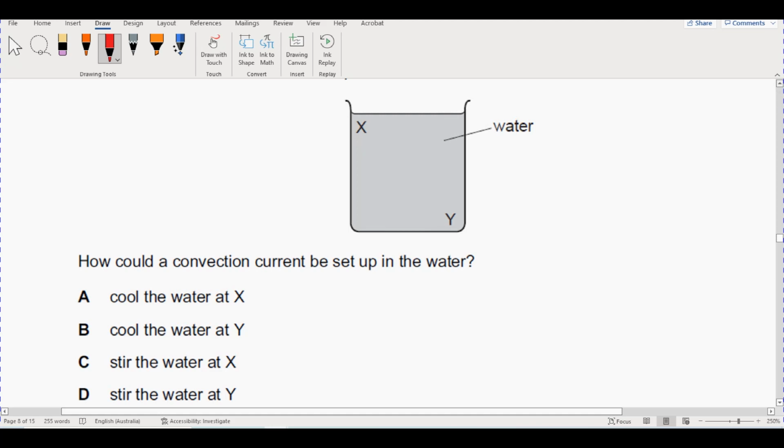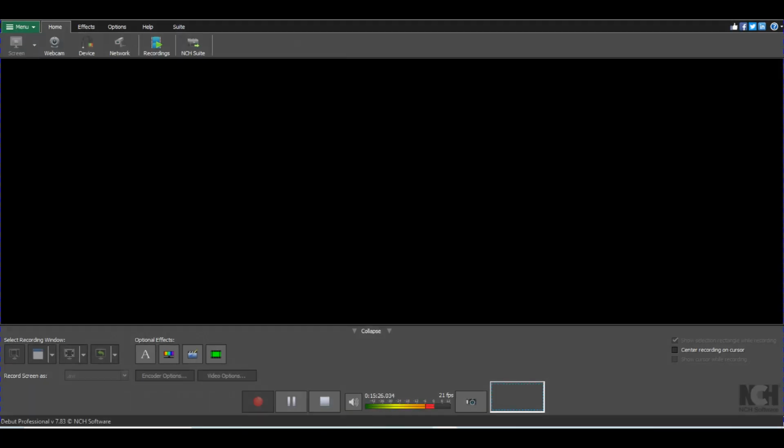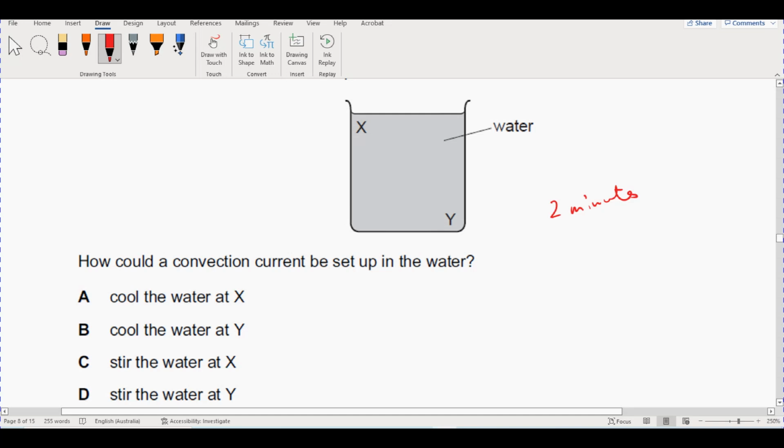So you might need to think about this a bit longer. Let me give you 2 minutes. Okay, I pause the video. Okay, so let's consider if you try to cool the water at Y, what are you going to do? If Y is being cooled, that means this area becomes colder.